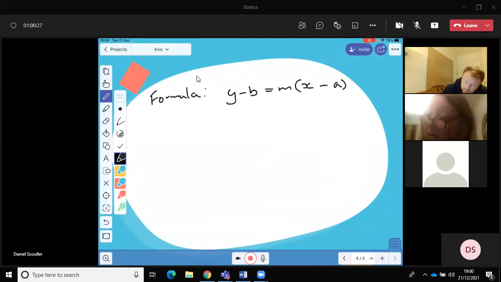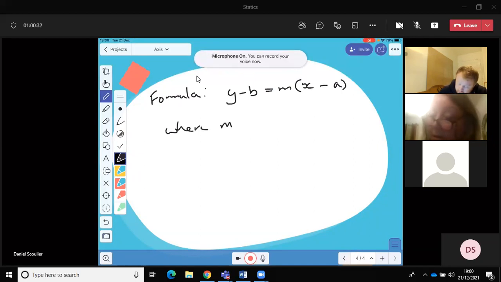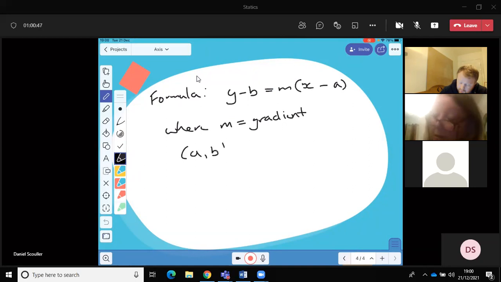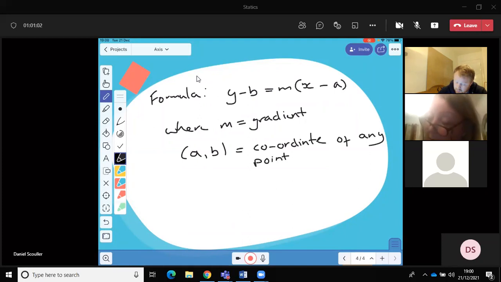Okay, where m is a gradient. That's not changed. That letter m is the gradient. And the letters a and b are just the coordinate of any point on your line.